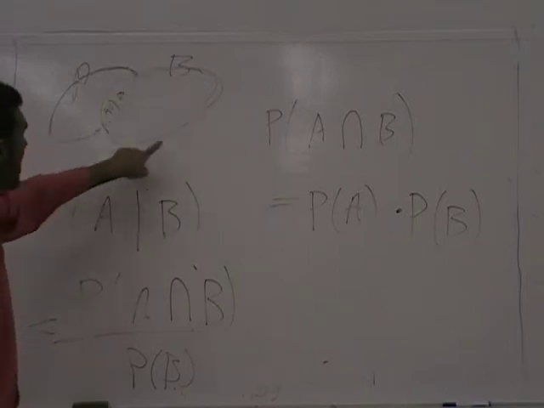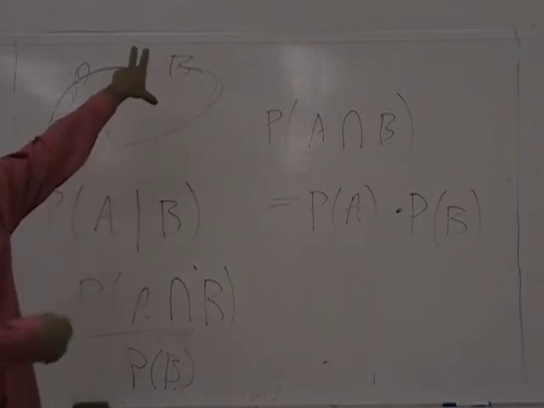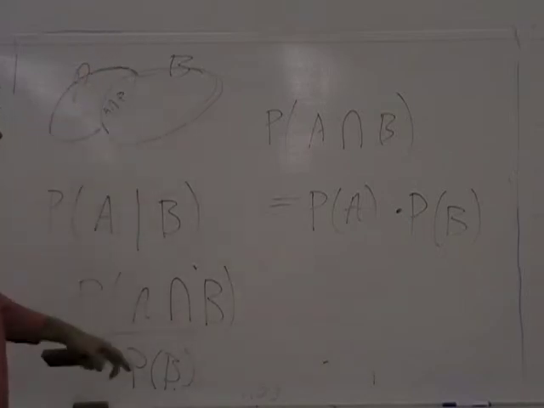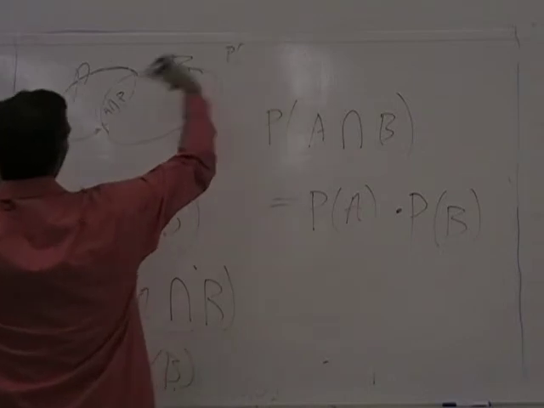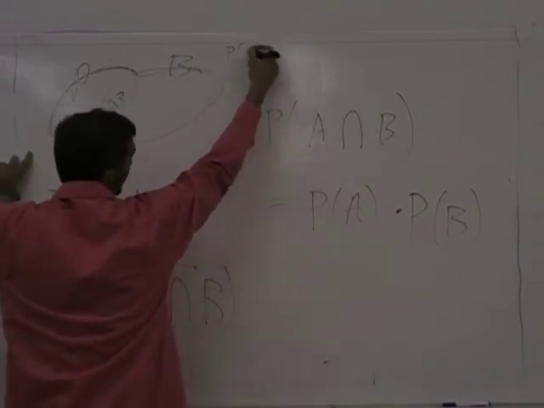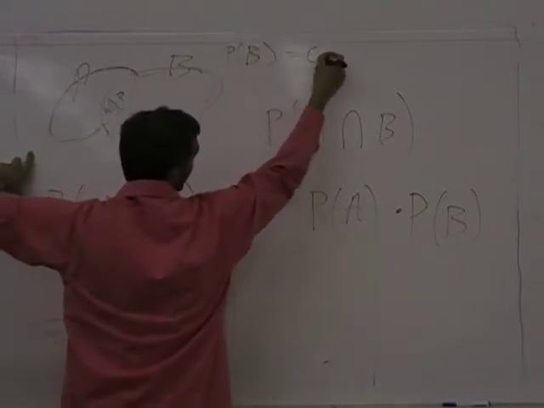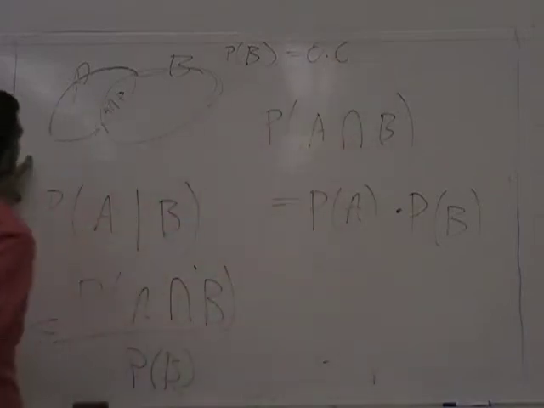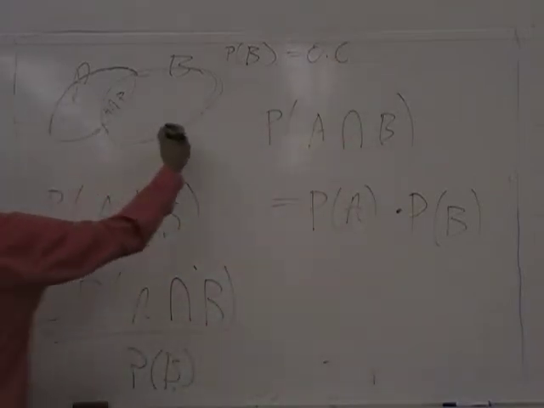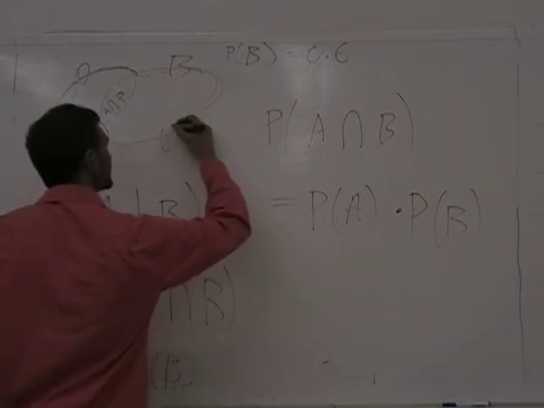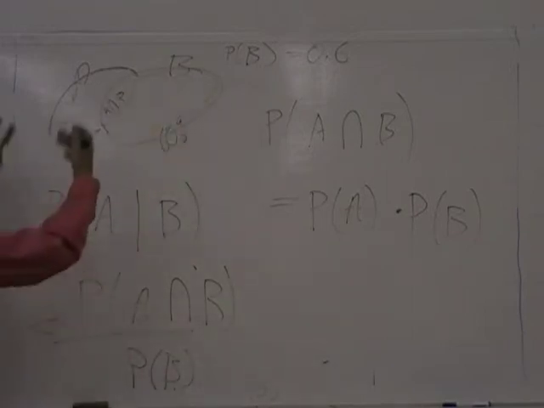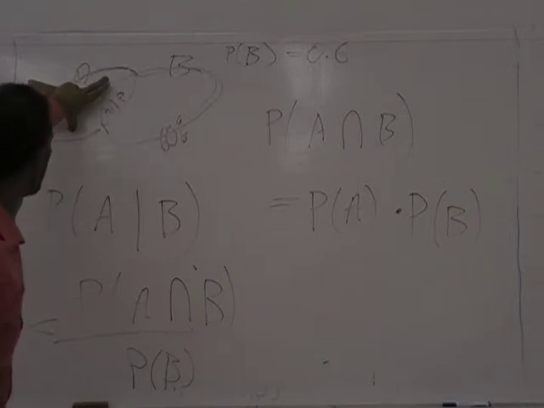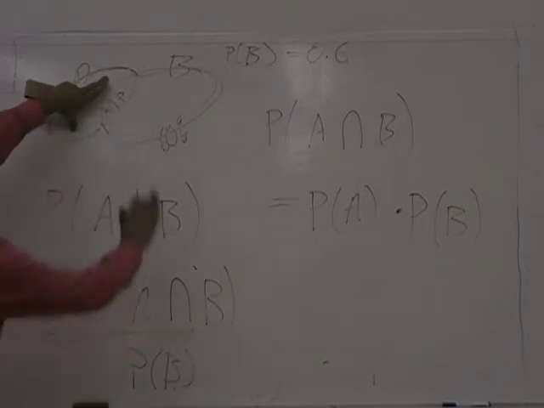The probability of B in this picture is 0.6. 60% for B. A is, let's see, 60.